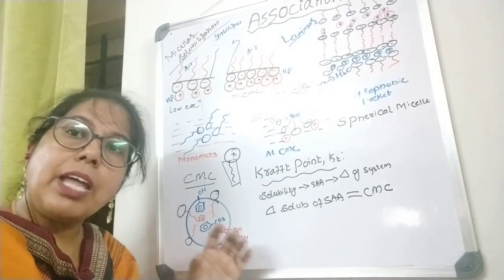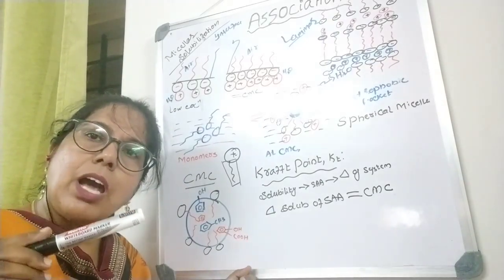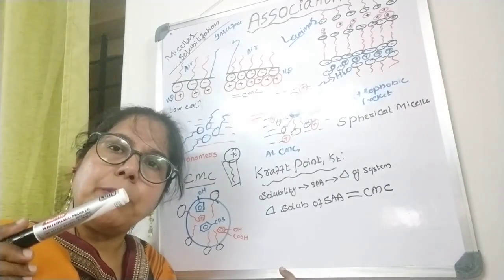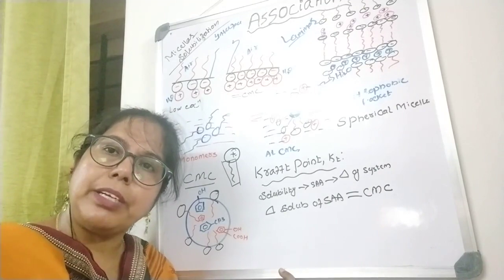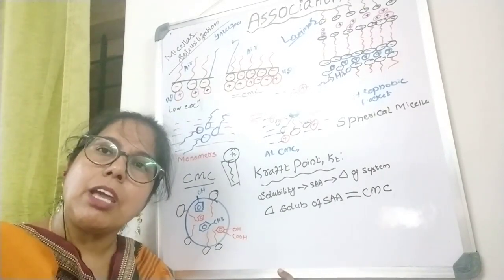So what are the applications of association colloids? The application of association colloids is to increase the solubility of poorly soluble drugs. It can increase the solubility of poorly soluble drugs by the micellar solubilization process.